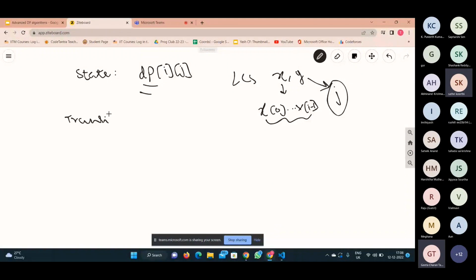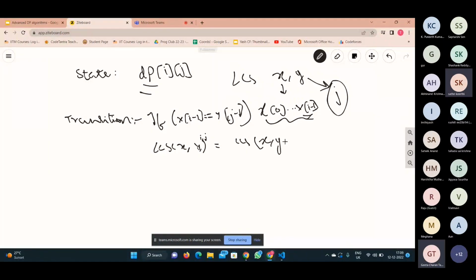Transition. If x of i minus 1 is equal to y of j minus 1, same logic as in the recursive solution, then the LCS of x, y, i, j is the same as LCS of x, y, i minus 1, j minus 1, plus 1.